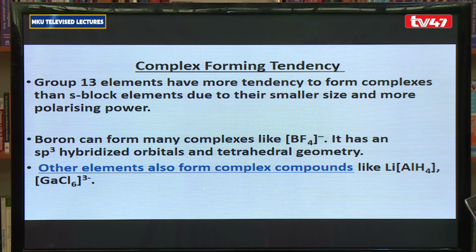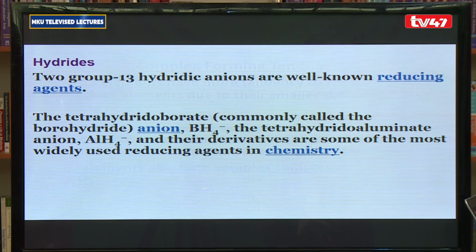Now, the other elements are able to form complex compounds, for instance lithium aluminium hydride and sodium borohydride. So all those are also complex compounds. Now, group 13 elements react with hydrogen to form ionic hydrides, and they are also able to form complex hydrides.